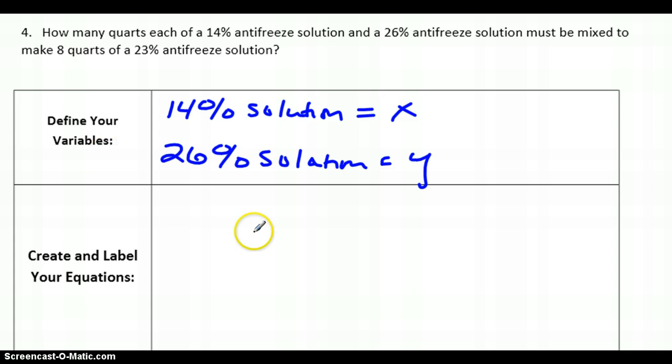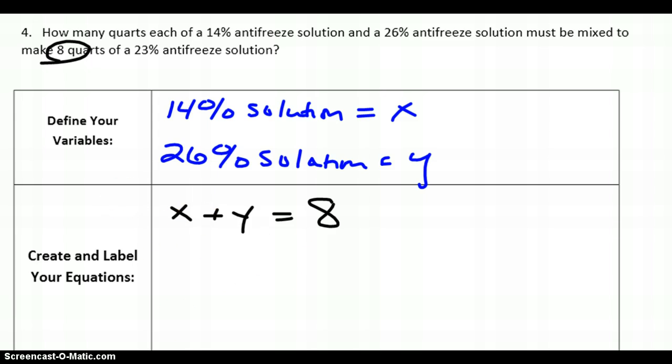For my two equations, the first one is based on literally pouring these two amounts into a bucket. When I pour those in, I'm going to have this amount plus this amount equals my total amount, my 8 quarts. Because when I mix them, I literally pour one amount and the other amount together, so I'm adding them up, and they have to be the 8 quarts that I need to make. So that's my total equation.